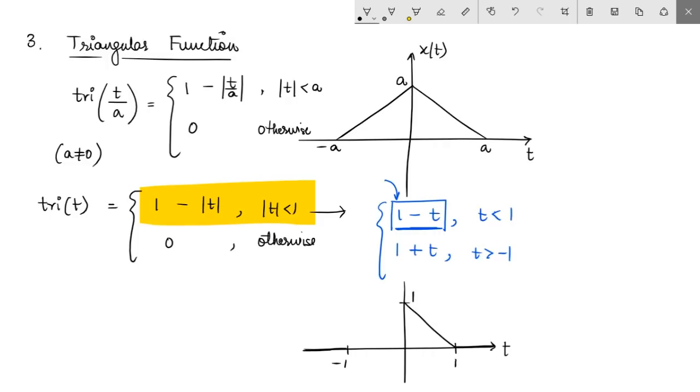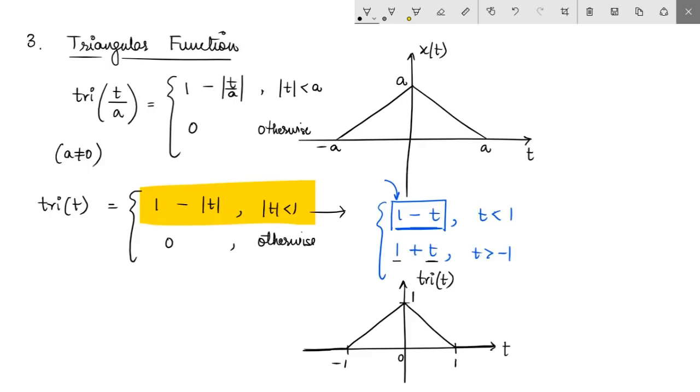For t greater than minus 1, that is this interval, I know that this is a straight line having a positive slope of 1 and a vertical intercept of 1. So this is how a triangular function can be defined in a concise way.